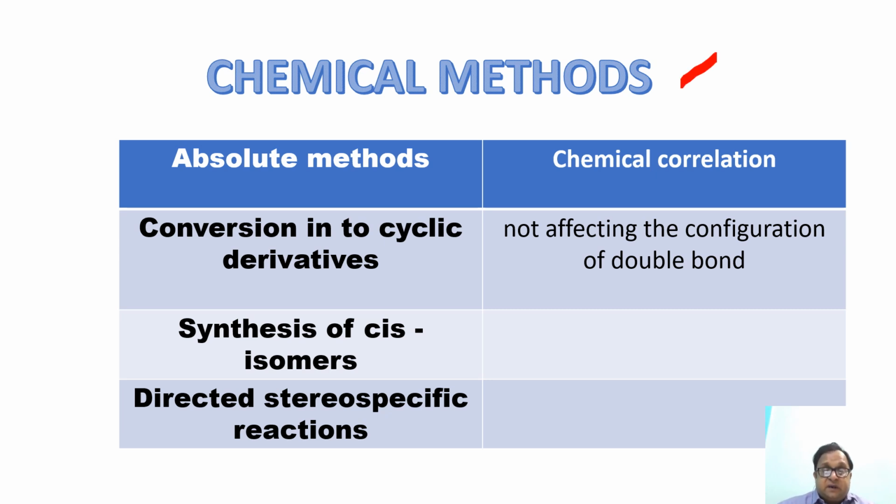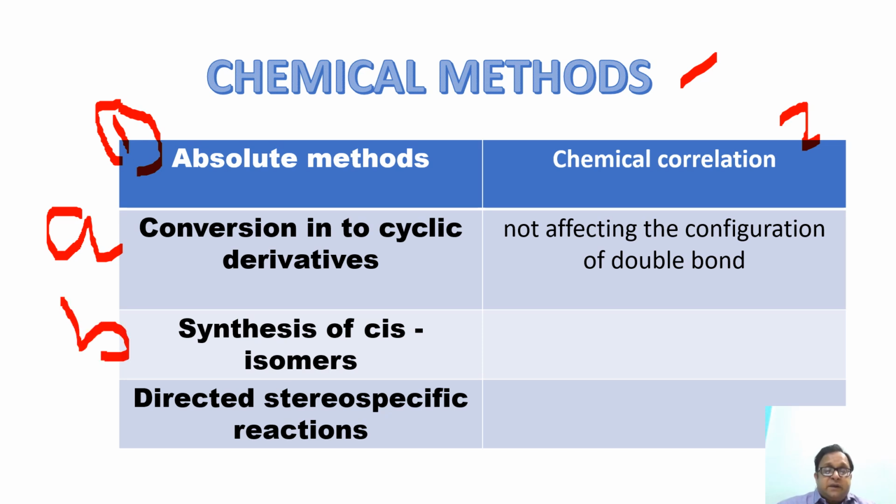After physical methods, we have to discuss the chemical methods. As we have discussed earlier, the chemical methods are of two types: absolute methods and chemical correlation. Absolute methods are further classified into conversion into a cyclic derivative, synthesis of a cis isomer, and directed stereospecific reaction.